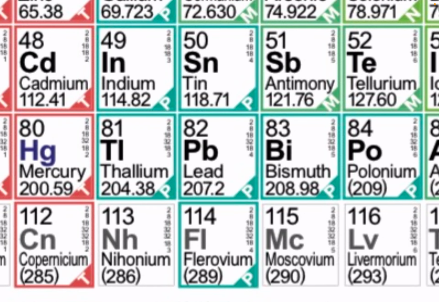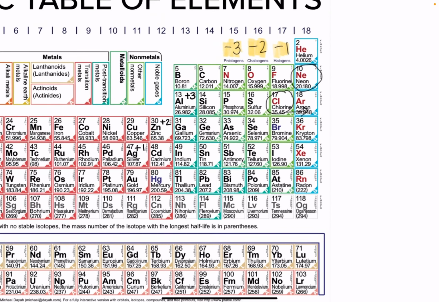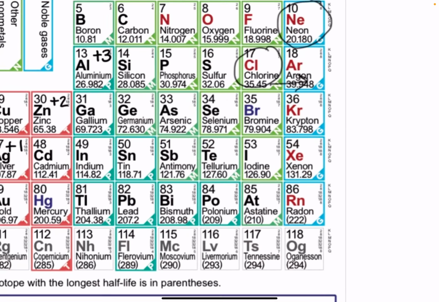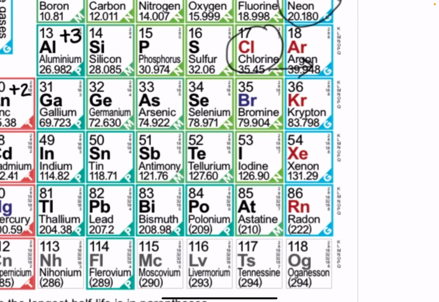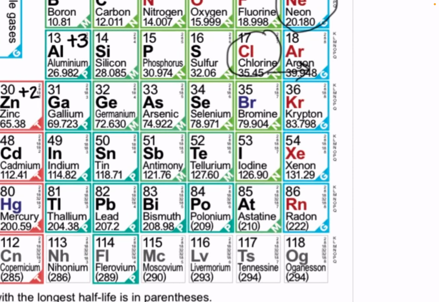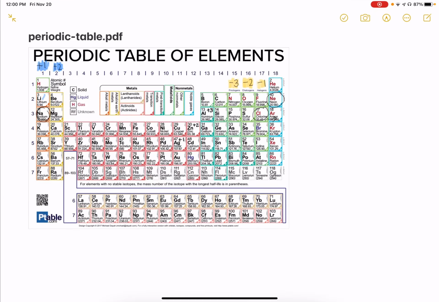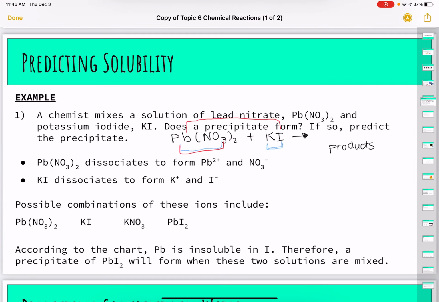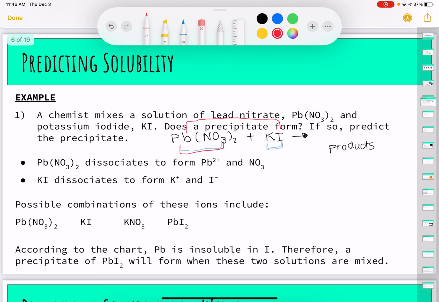That is a metal. And to the right of that, iodine is basically around the same area, and it is a nonmetal. It's got that light green there. So we need to always put metals with nonmetals. You would never see two metals going together. That's two positives, and it just doesn't work.